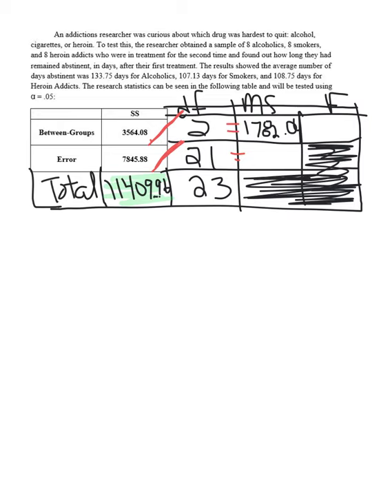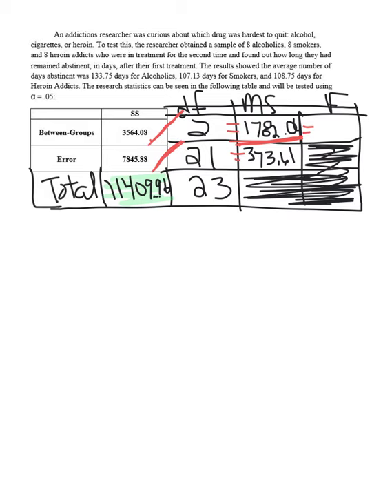And then I'm going to do 7,845.88 divided by 21, which is 373.61. Now, this is the nice part about the ANOVA table. It makes everything so simple because now that I have those, I'm going to just use this as a division. So mean square between groups is in the numerator, mean square error is in the denominator.